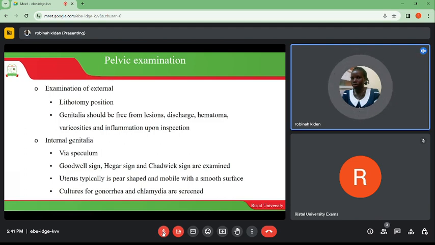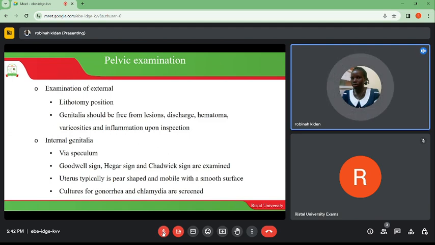So when the mother lies on the bed in the lithotomy position, you inspect the genitalia. You should not observe lesions, discharges, hematoma, varicosities, or any inflammation. Once this appears, that means that there is a problem and you need to act immediately.